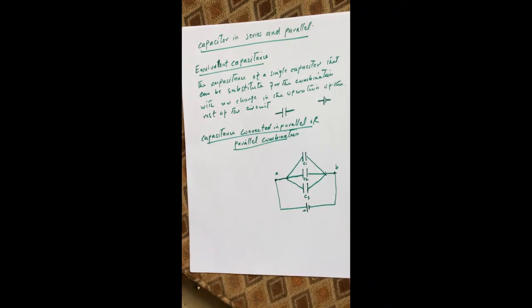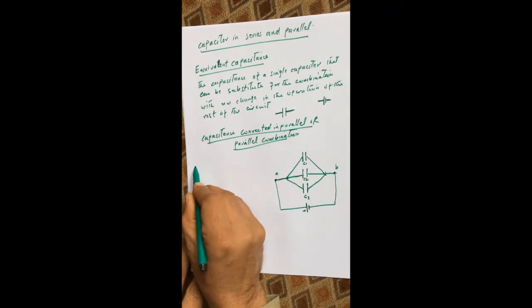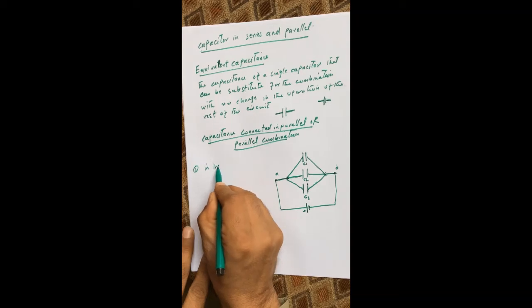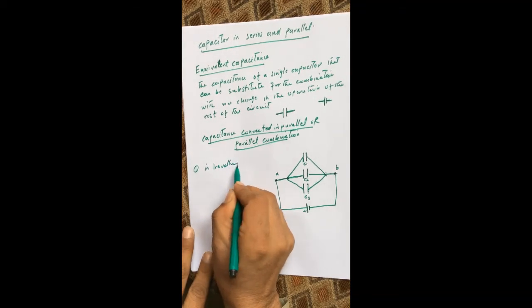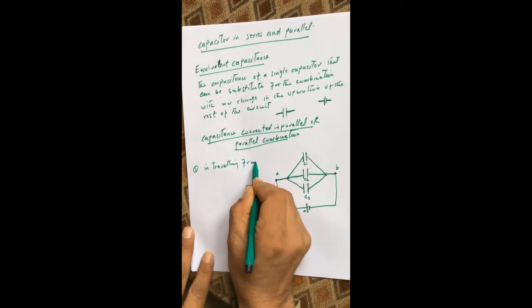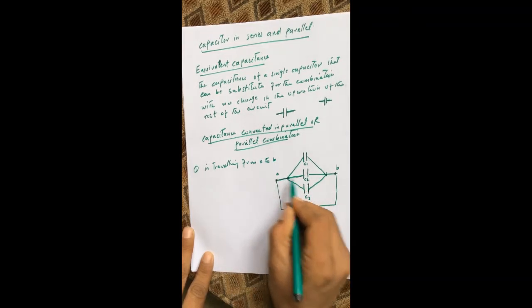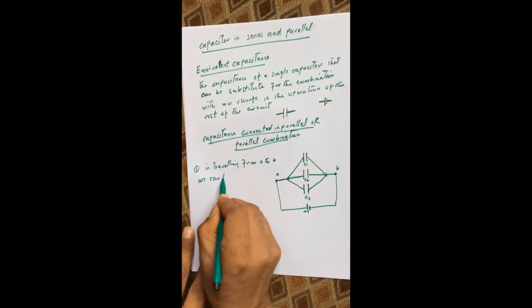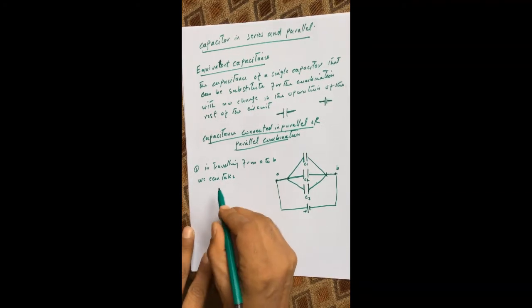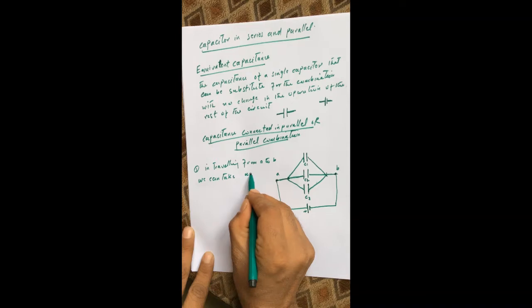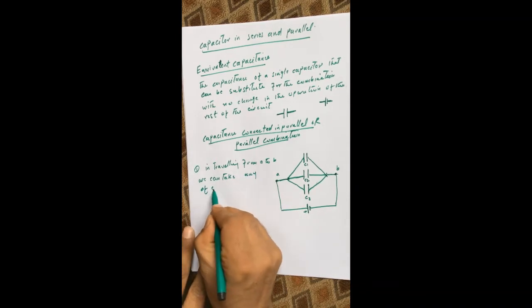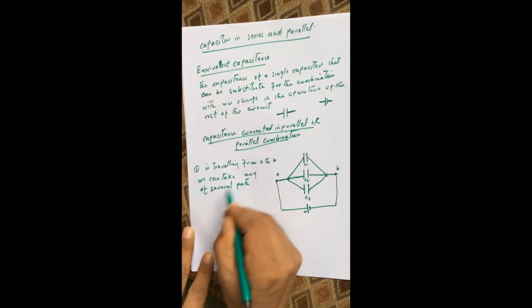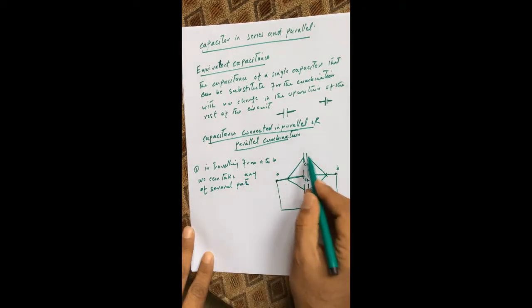So the first property is, in traveling from point A to point B, we can take any of several paths. Like in this case, we have three paths.